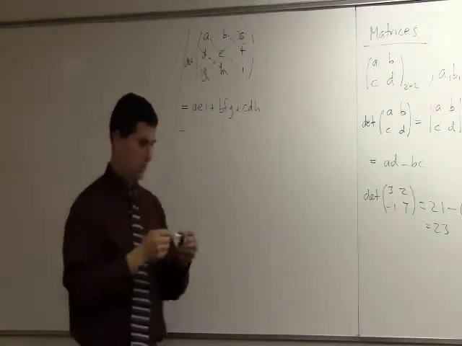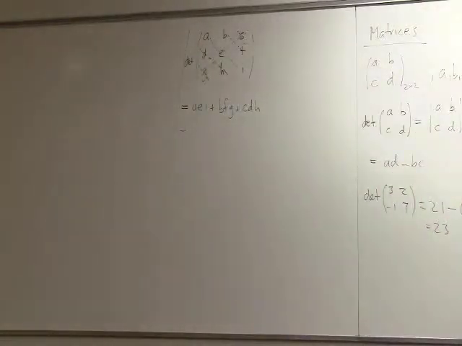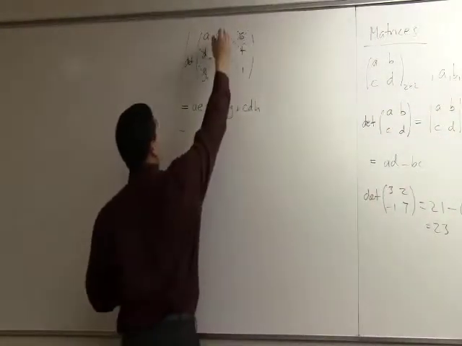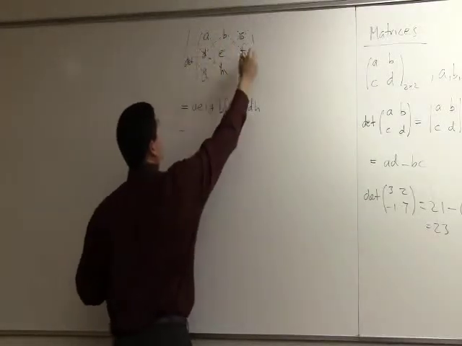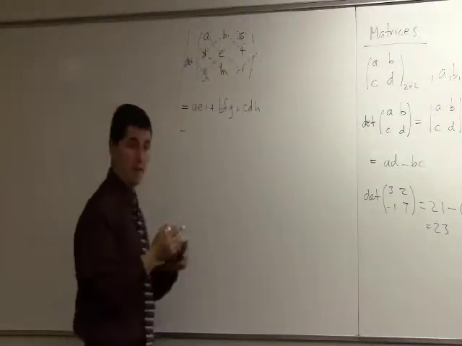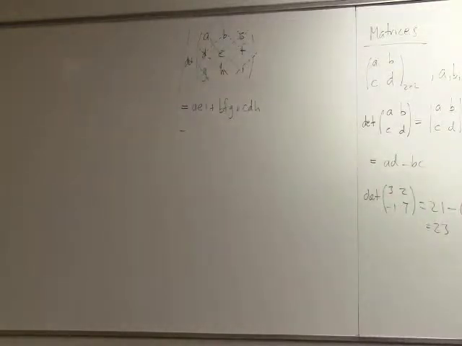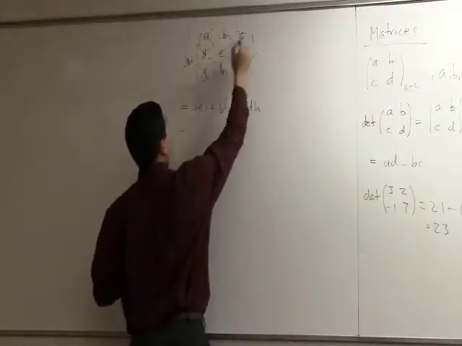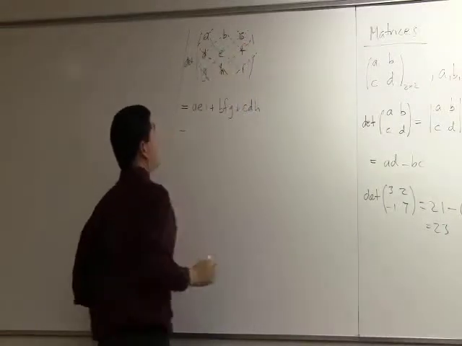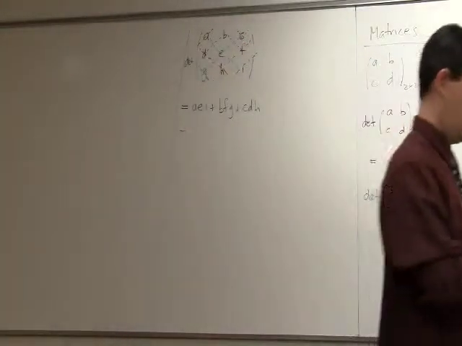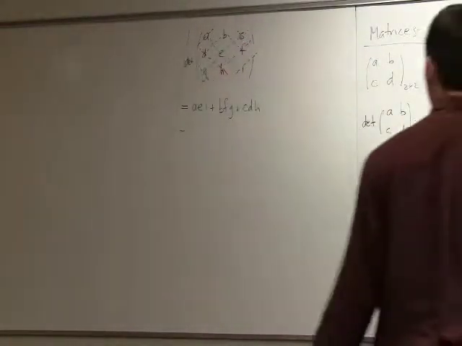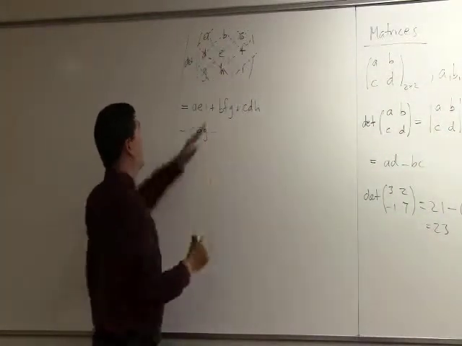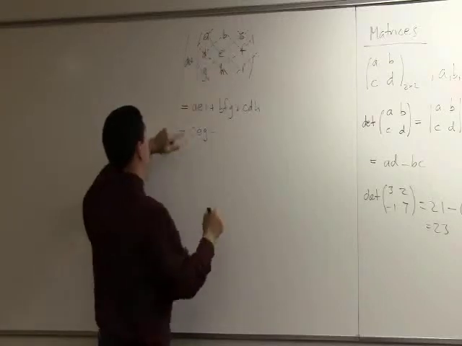CEG. And then BDI. And then AFH. So minus CEG. Since all these are going right to left, they get minuses.